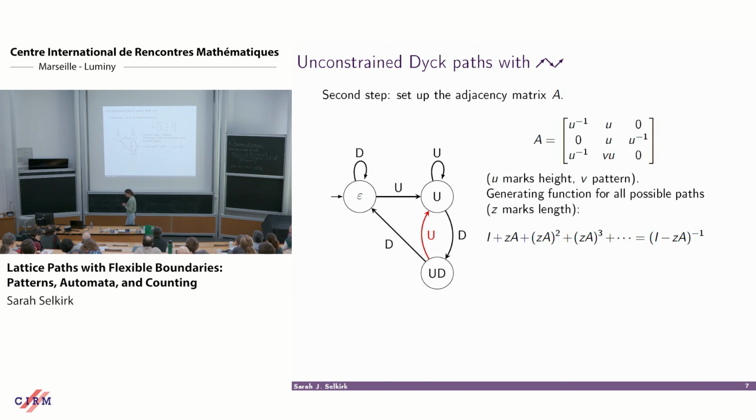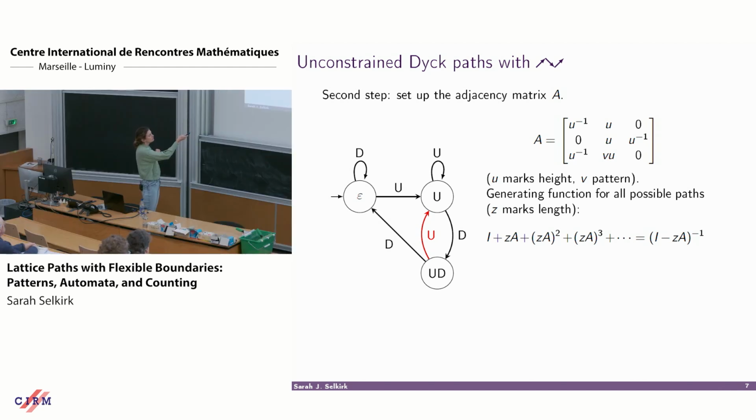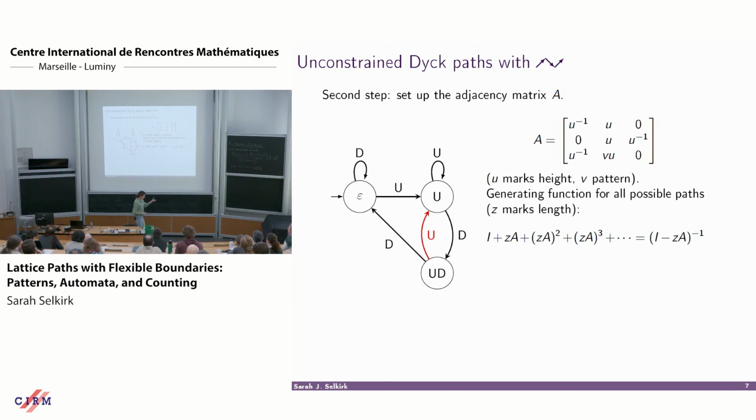And then if we want to form a generating function, well, almost a generating function at this point, what we have here is summing these all up. So if we want a walk of length 1, we have Z times A, walk of length 2, Z A squared, and so on. Then each corresponding entry, A_ij, in our matrix is going to be the number of walks starting in state i and ending in state j. Okay?